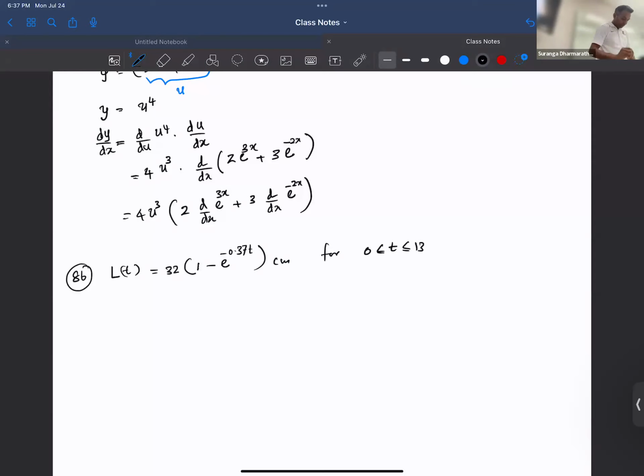So t is in years, right? From the 0th year to the 13th year. That's the length of Atlantic herring.